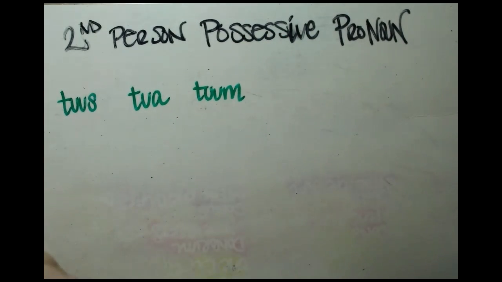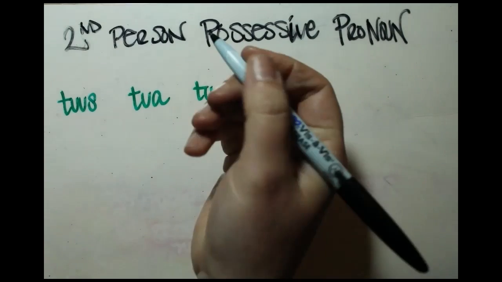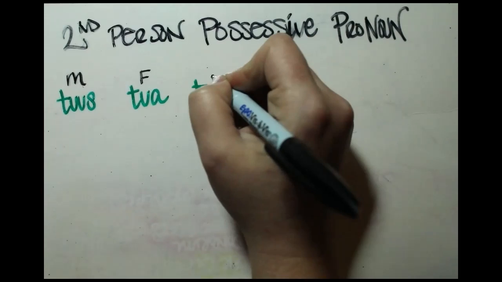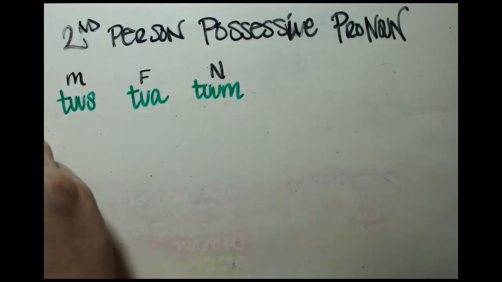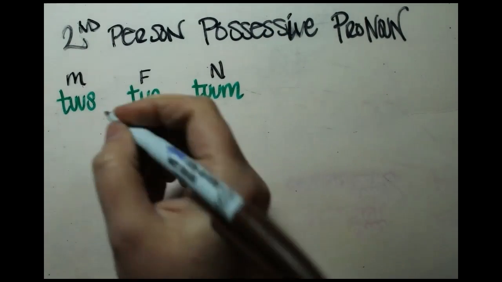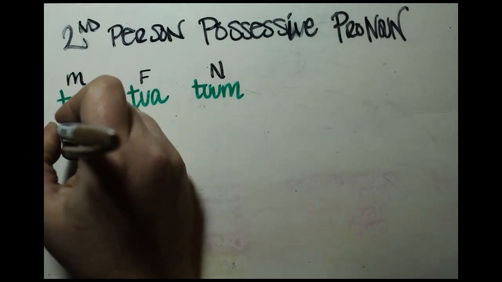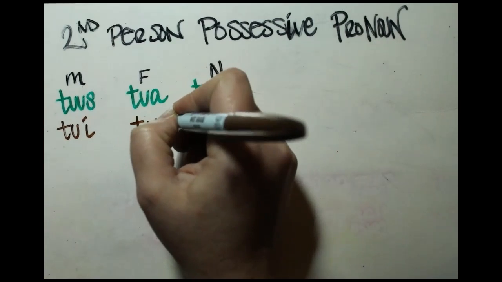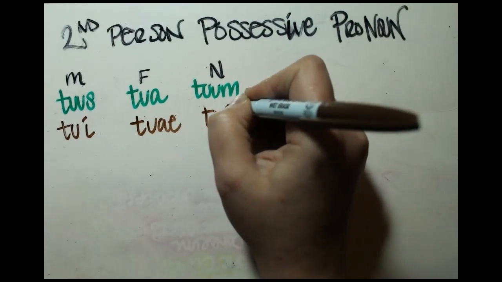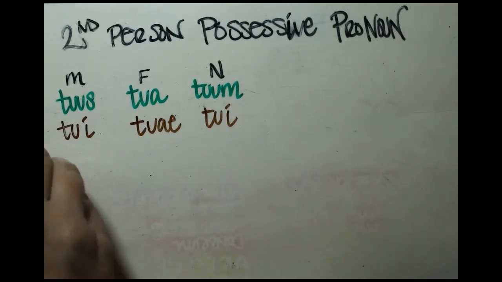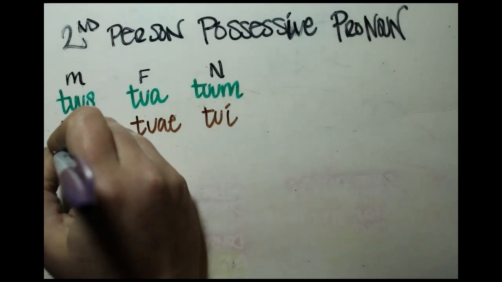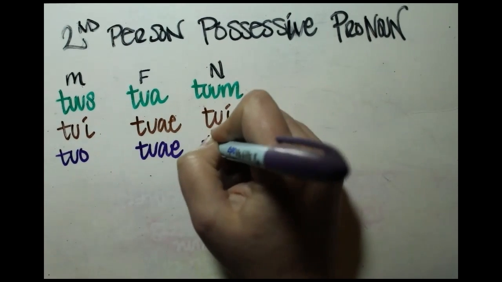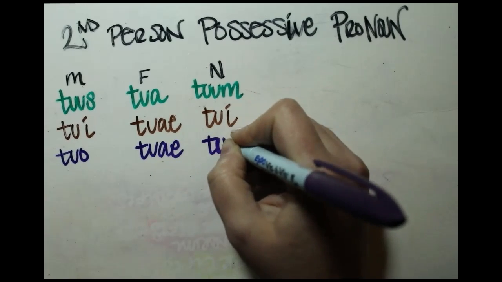This is also a first, second declension adjective. So it's going to decline like a first, second declension adjective. Tuus, tua, tuum. Genitive: tui, tuae, tui. Dative: tuo, tuae, tuo.